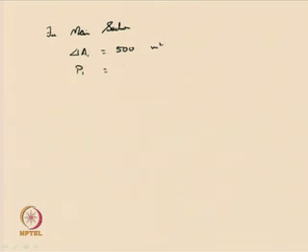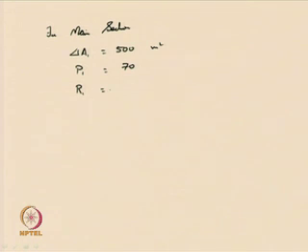So, I will just give you the hint how to start it. You know that for the main section, del A1 is given as 500 meter square, wetted perimeter is given as 70.